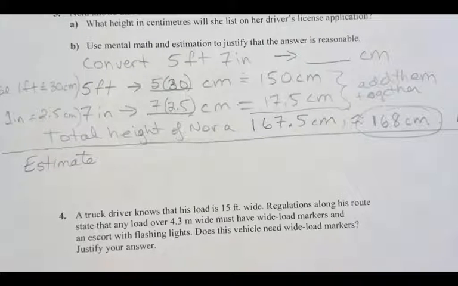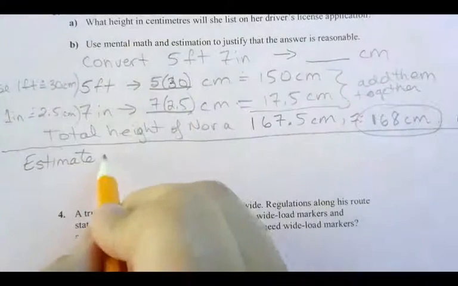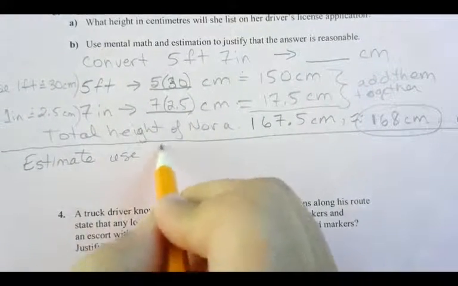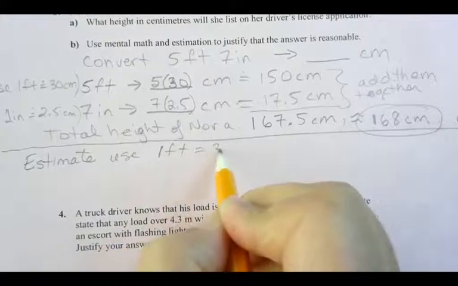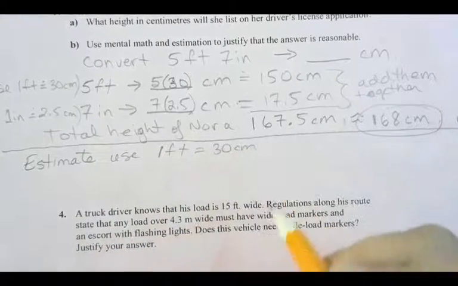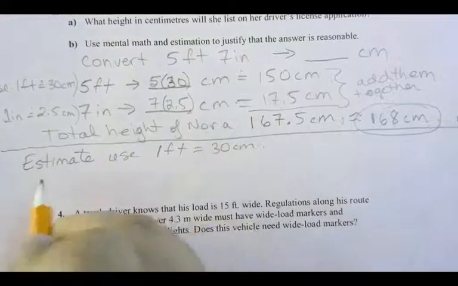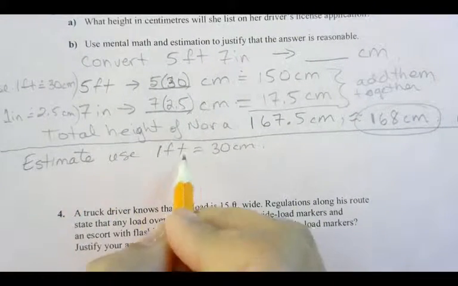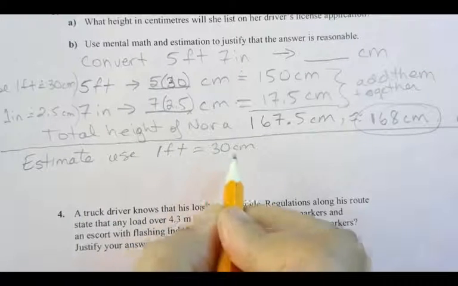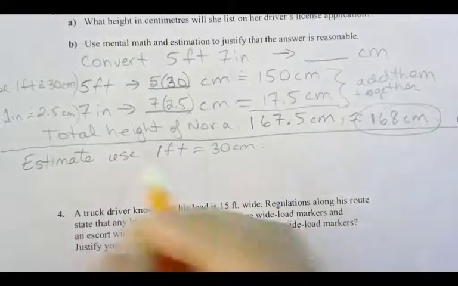Well, 5'7" is in between 5 and 6 feet, right? And I can use the conversion 1 foot equals 30 centimeters. That's a pretty easy one to use to multiply with, right? There's no decimals, it's not a funny number, it's pretty much multiplying by 3 and then adding a 0 at the end of the number you get.